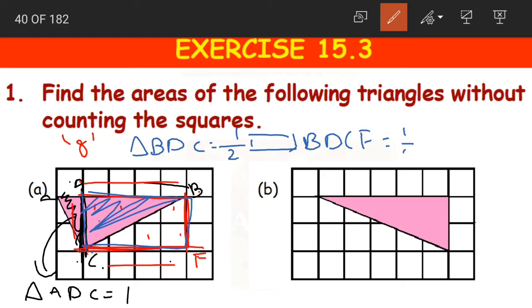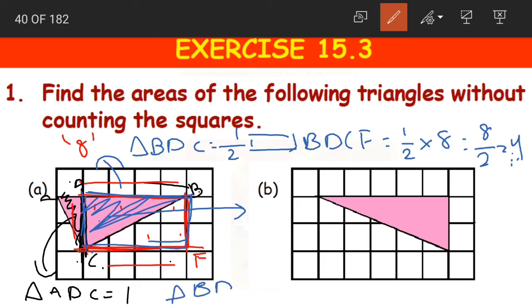So what is the area of the rectangle BDCF? It is 8. So half into 8 is equal to 8 divided by 2, is equal to 4. 4 square units is the area of our triangle. Triangle BDC is equal to 4 square units.